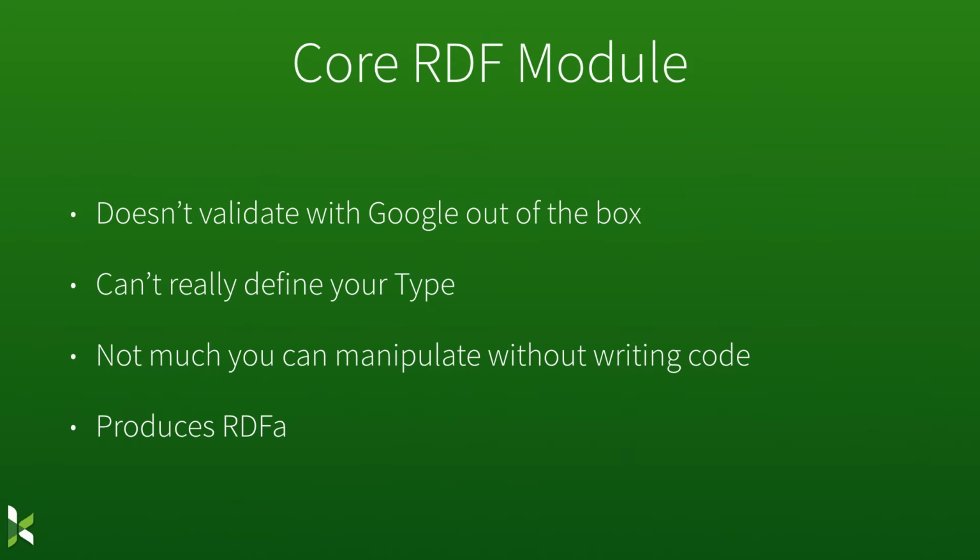Bottom line, and I'd love to know if y'all have had a different experience with the core RDF module, is that you really can't extend or customize it without starting to write code. So I set that aside. It does produce RDFa, so it's a valid format. But I asked, is there something more turnkey out there that we can use to get further down this path?